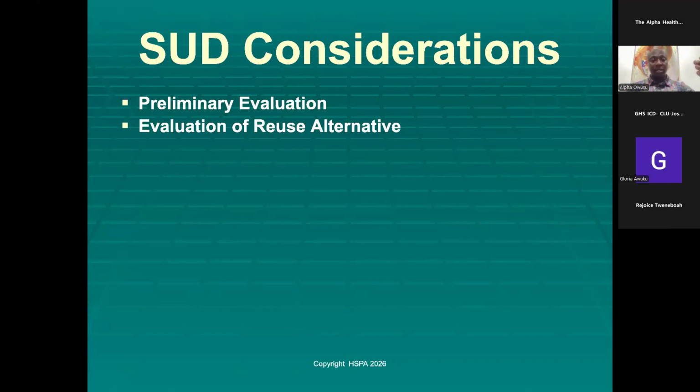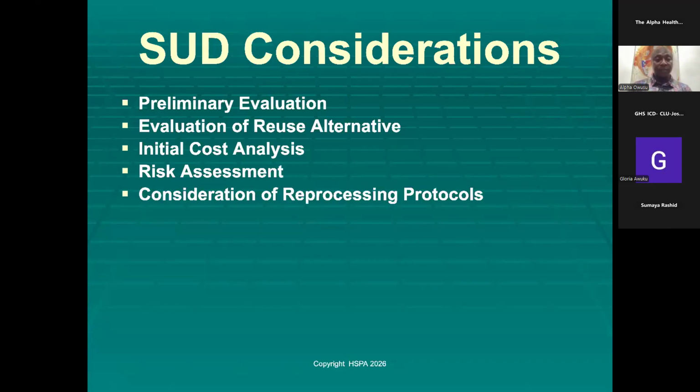They evaluate the reuse versus what the manufacturer says you cannot do, right? You have to look at all these things before an initial analysis cost is made. And then if they go through all these processes and the hospital is well convinced and they want to do it, even if you do that, you have to report it. Very, very important.